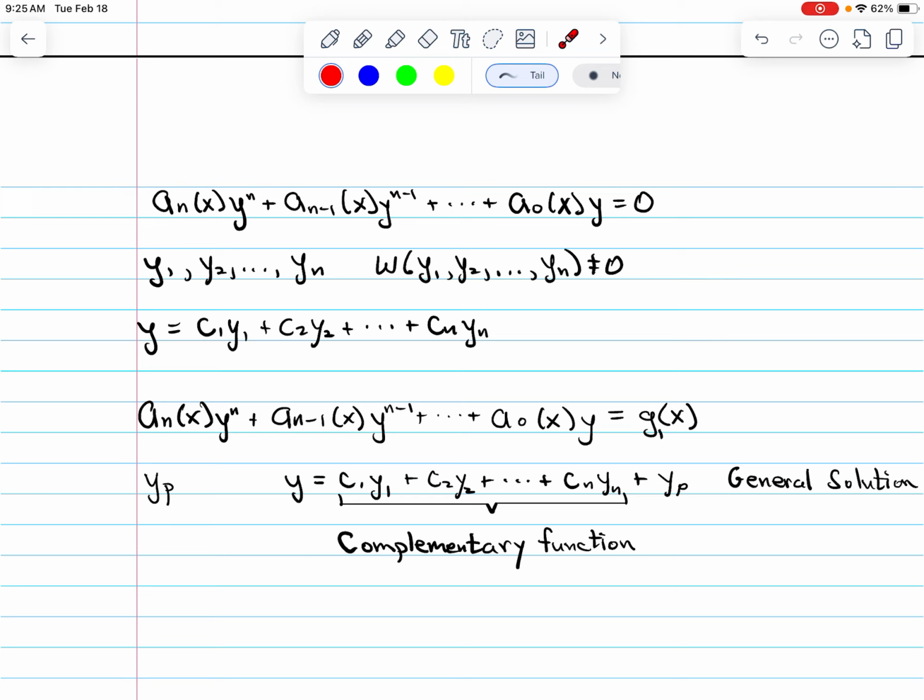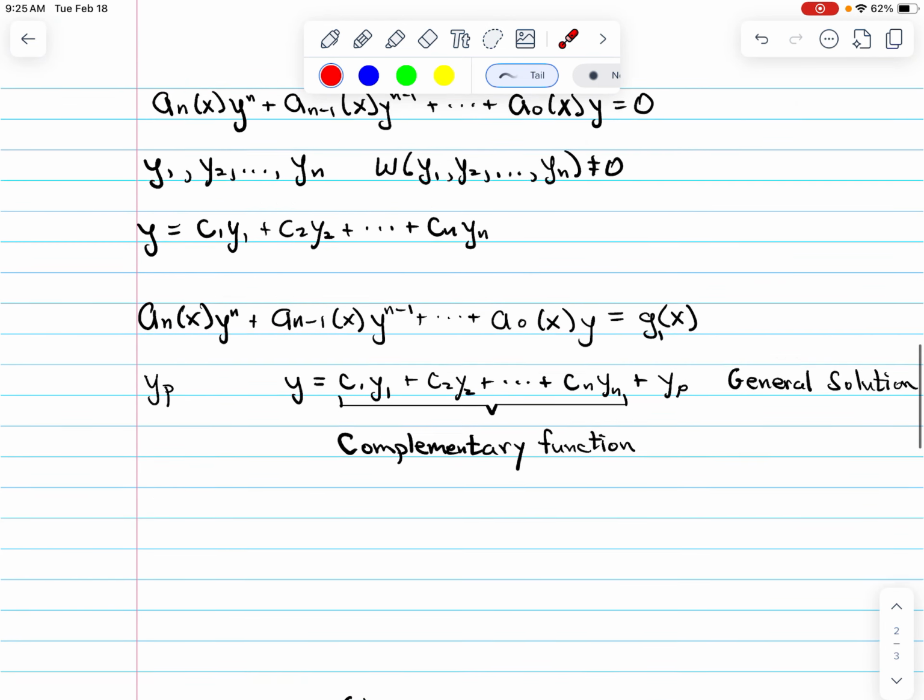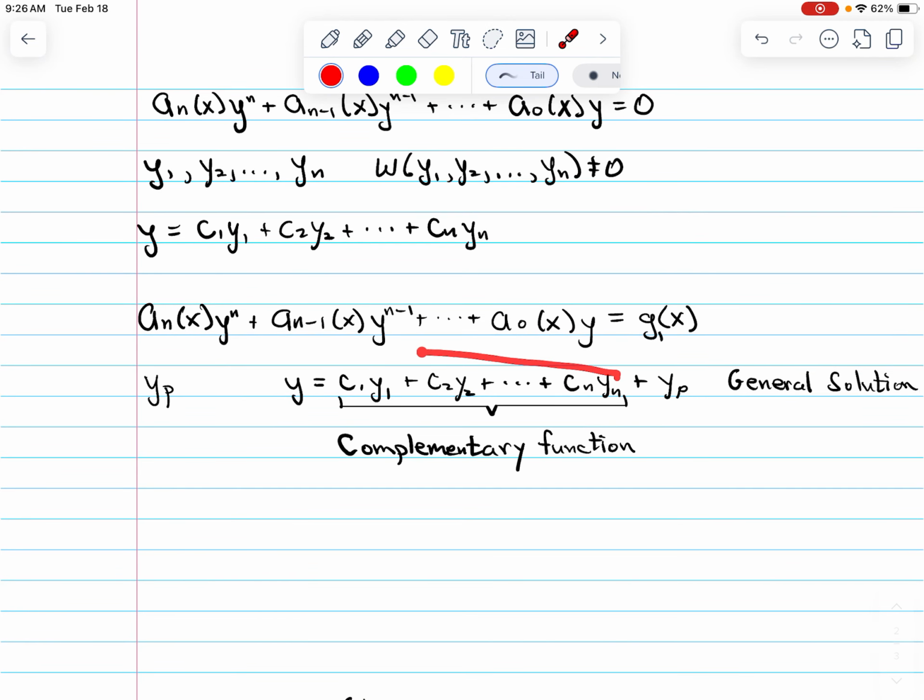Okay? And I've got a particular solution here. Then the general solution is given by this. I take the homogeneous solutions and add this to the particular. And we say that the homogeneous part here is the complementary function.